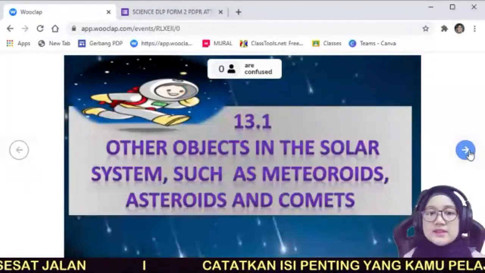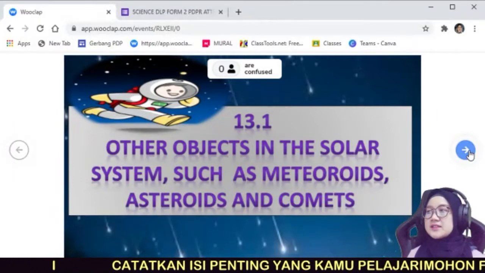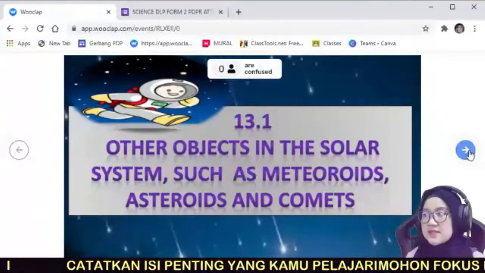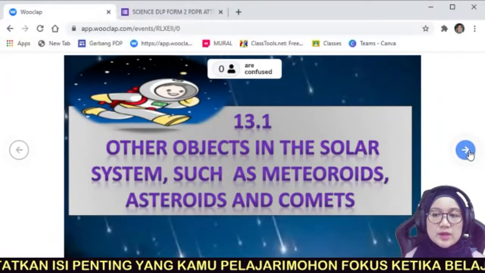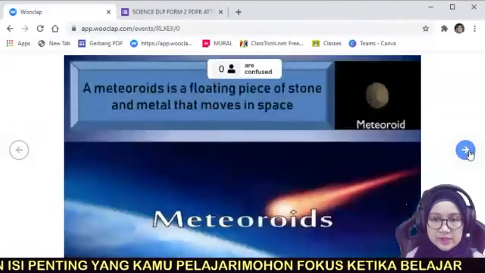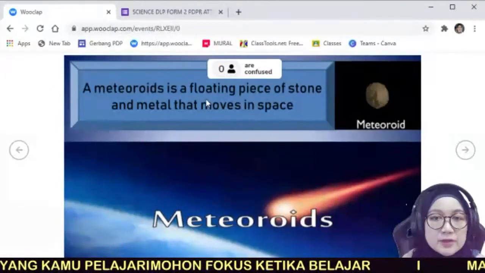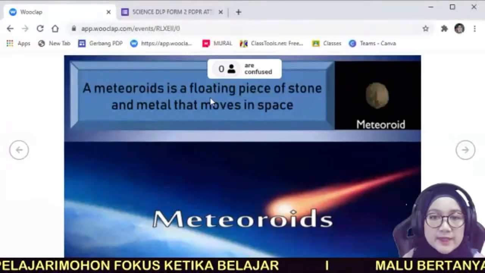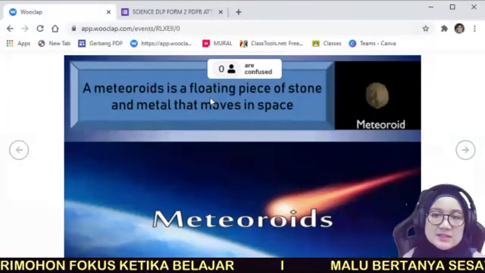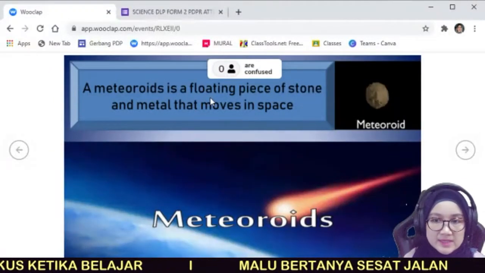So what is a meteorite actually? Section 13.1 covers the objects in the solar system such as meteoroid, asteroid, and comet. That is what we are going to discover today. So what is a meteoroid? A meteoroid is a floating piece of stone and metal that moves in space.